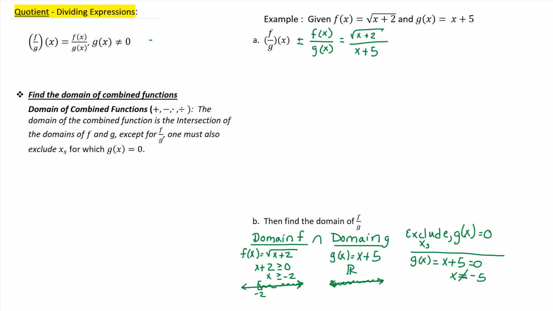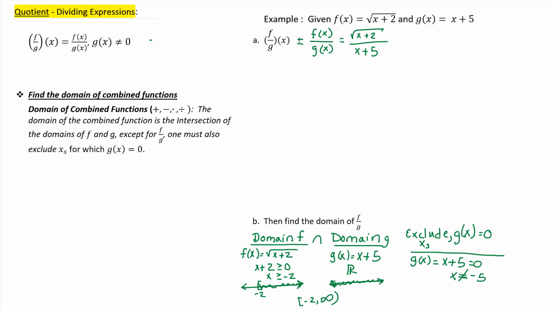Now we're going to put all these pieces together. The domain is the intersection of these two, so if you put those two graphs together, where do they overlap? They overlap from negative 2 to infinity. On top of that, you would also have to exclude x equals negative 5.